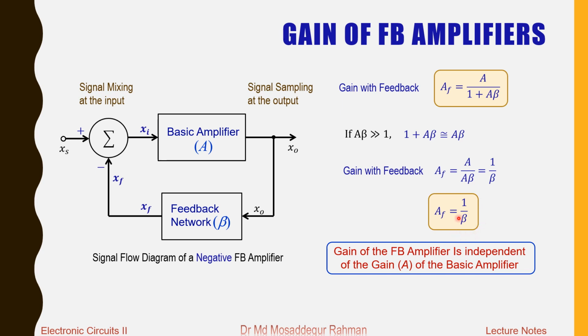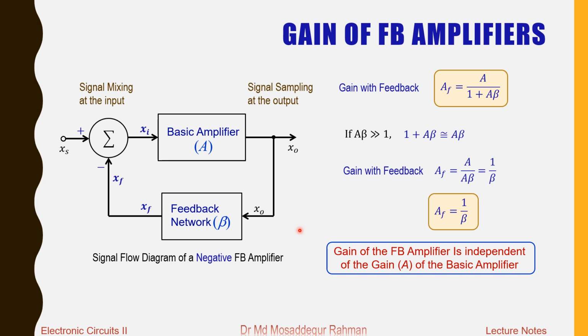It depends only on the feedback network, and the feedback factor beta is quite stable because the feedback network is made of resistors. You are sampling the voltage or current, so mostly it is made of resistors, and the values of resistors do not change that much with temperature.